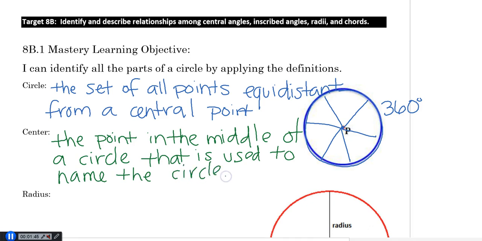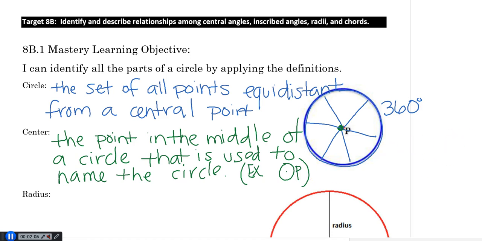So whatever the center is how we would name our circle. So looking at this, our center is right here. It's in the middle, and it does say P. So therefore, I'm just going to give you a little example here. You would say, example, draw a circle, and then the letter P. All right, that's how you would name that circle right there.